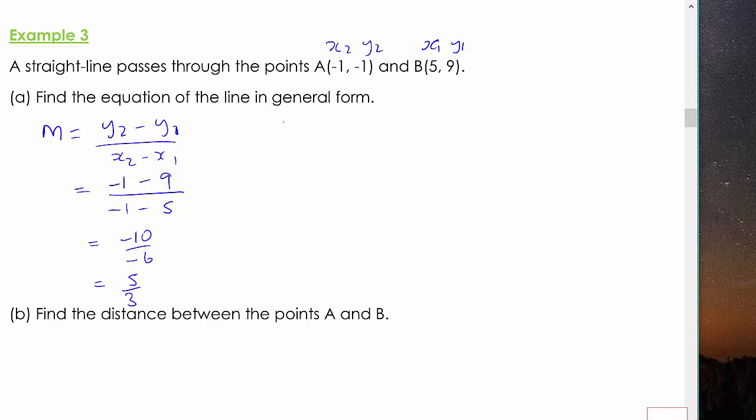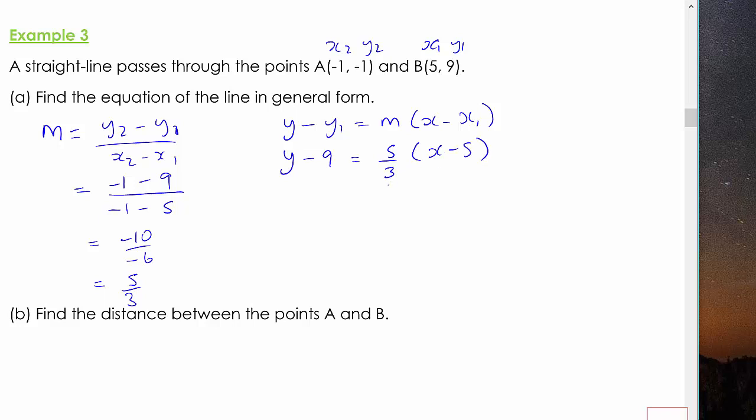So now I'll use y minus y1 is equal to m(x minus x1). So that's y take away 9 is equal to 5 over 3 (x take away 5).